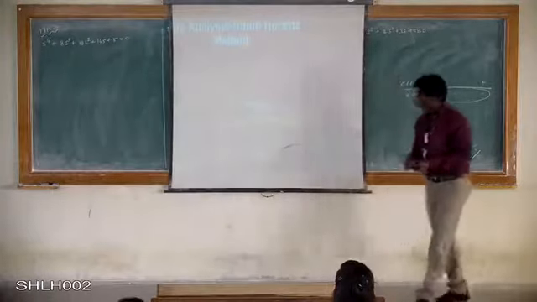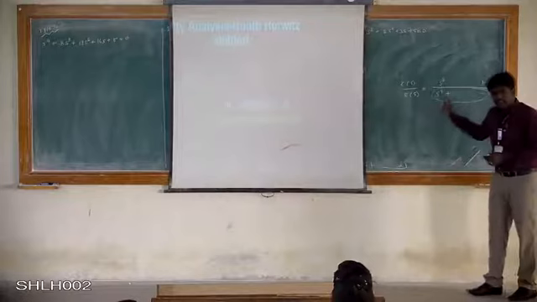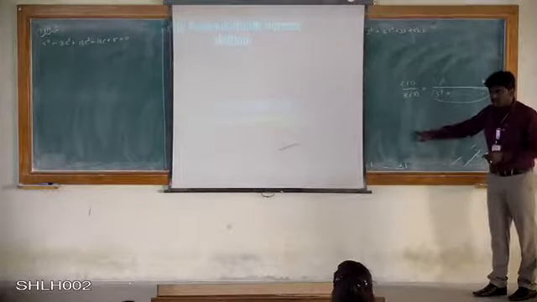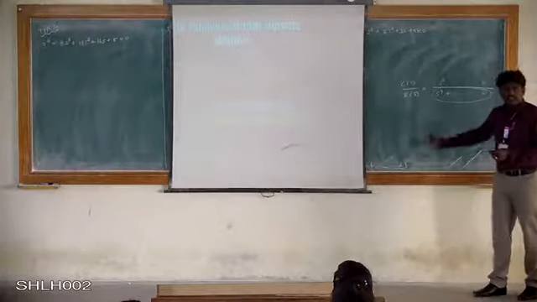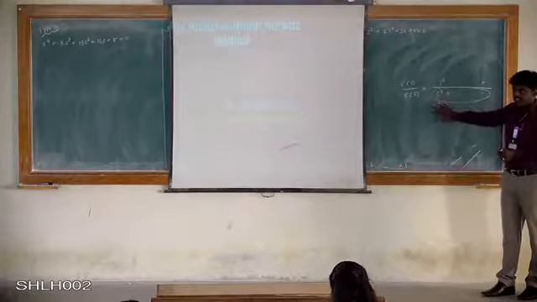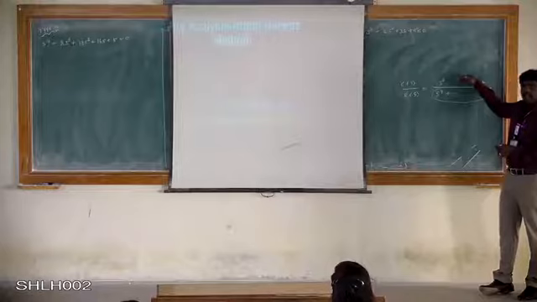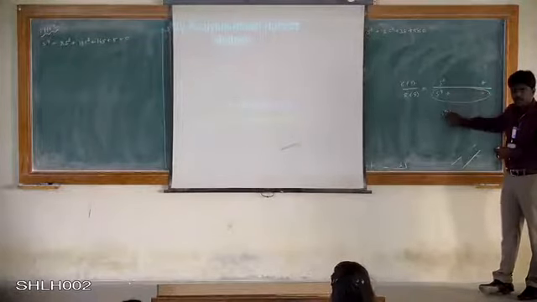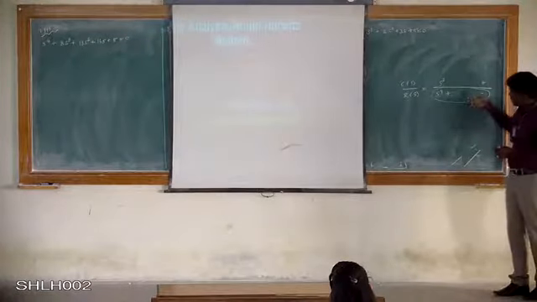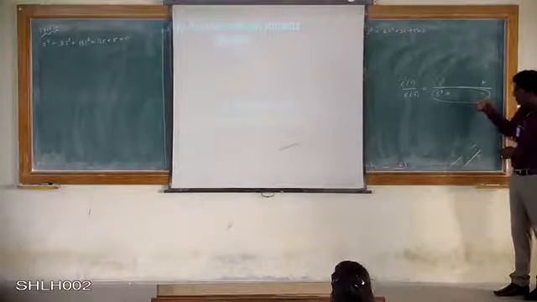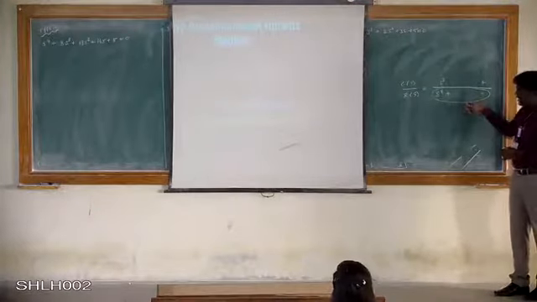I repeat, we have signal flow graph and block diagram reduction. The method will give you the overall transfer function of the system. From the transfer function, we will have the numerator equation as well as the denominator equation. This denominator equation is called the characteristic equation.